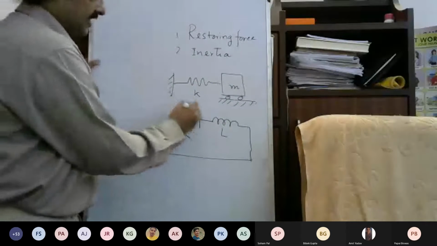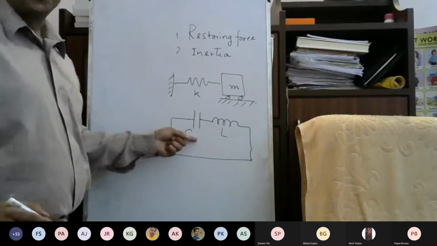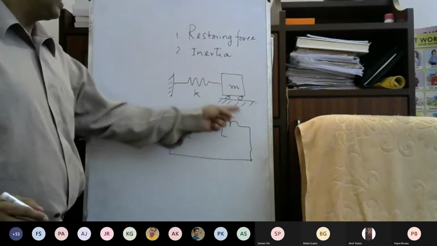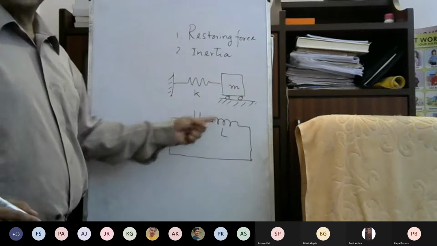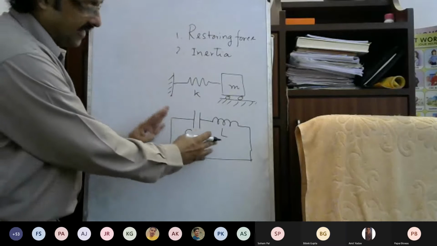The stiffness is analogous to the capacitance, and the mass is analogous to the inductance of the circuit. So this is the electrical system.